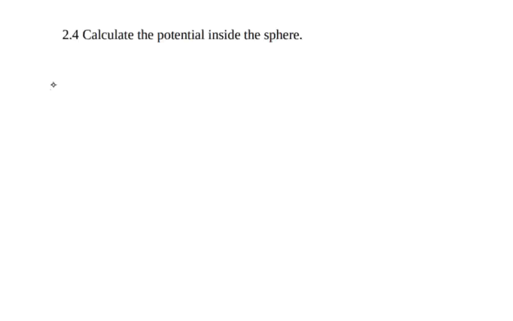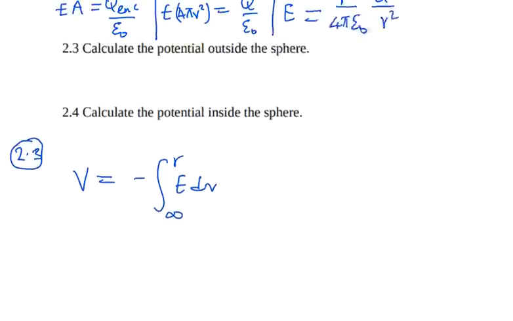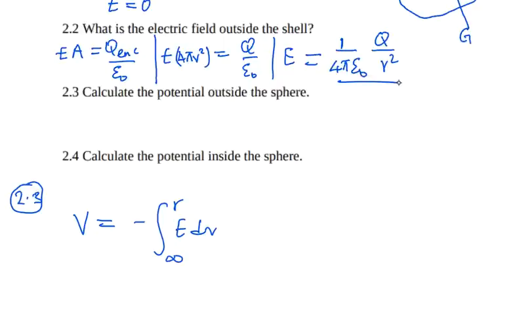The potential V is equal to the negative integral of E dr from infinity to R, because since it's outside the sphere, we consider moving from infinity back to the radius R. We've gotten the electric field to be this expression, so now we have to integrate this with respect to R.